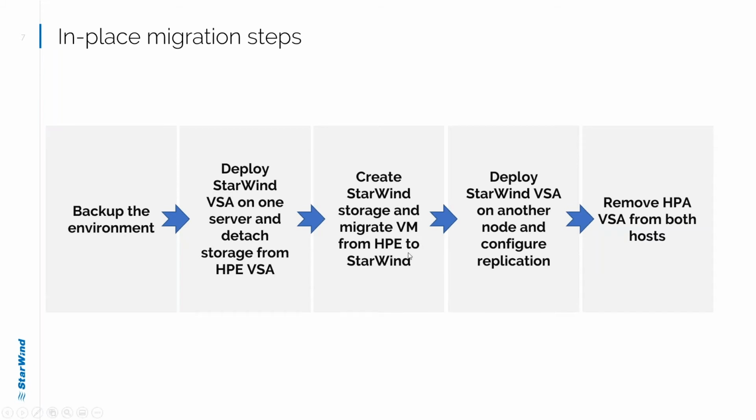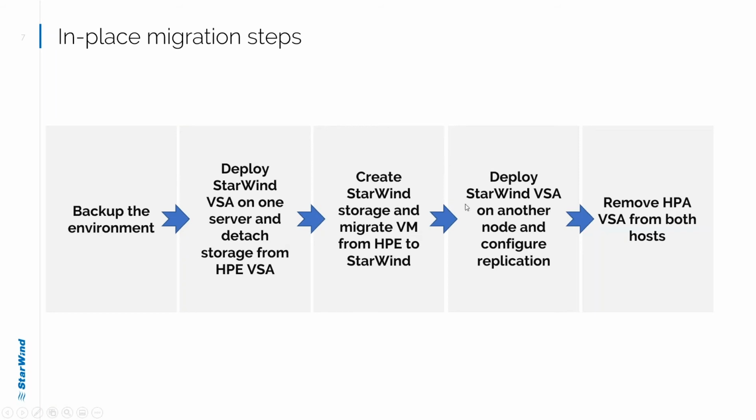So after StarWind VSA is deployed, we shut down HPE VSA on this host, detach the storage, and assign the storage to StarWind VSA. The next step is creation of a standalone, non-replicated StarWind virtual disk, connecting this disk to the ESXi cluster, and migration of virtual machines from StoreVirtual to StarWind.